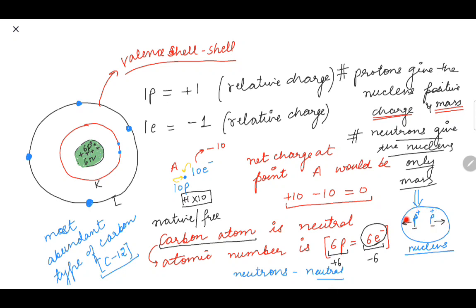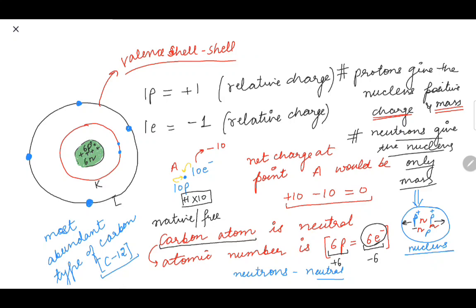So there are neutrons in between the protons, and these neutrons help to keep the protons together. Between every 2 protons, there are neutrons.